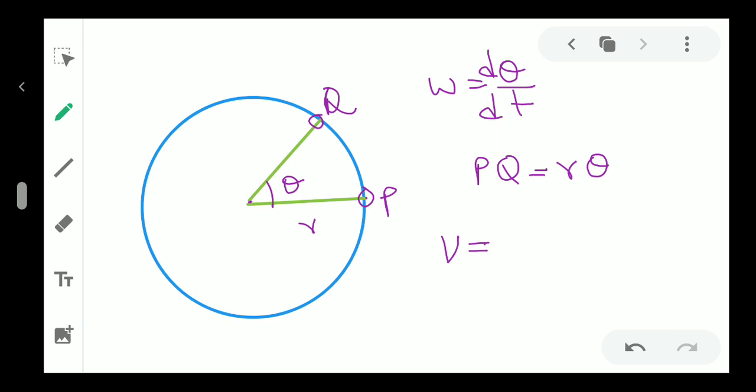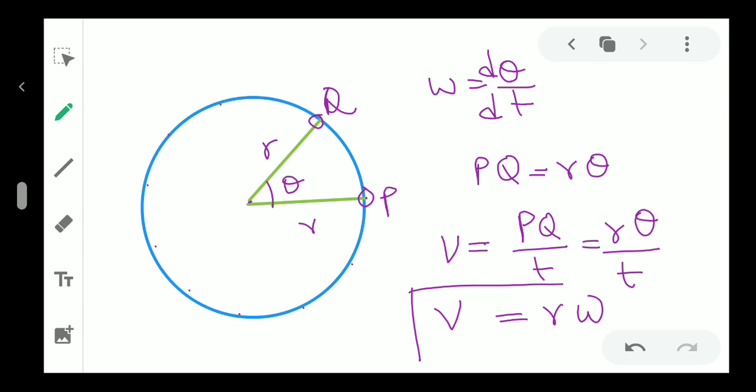So the speed is PQ by time, right? Now PQ is my r theta. So what I can say is that this r is independent of time, because r will be the same at all positions, wherever the particle is around the circle. So theta by t I can write as omega.